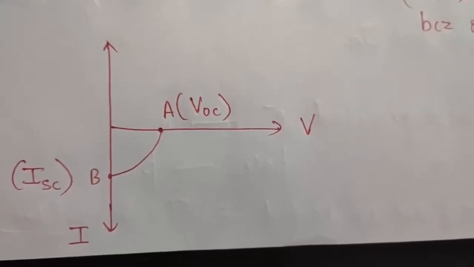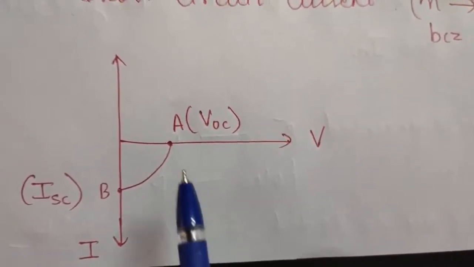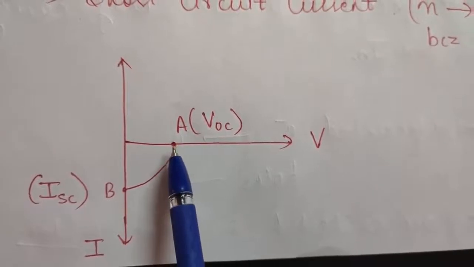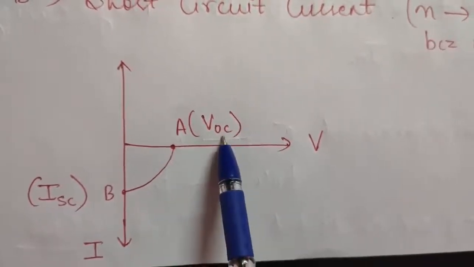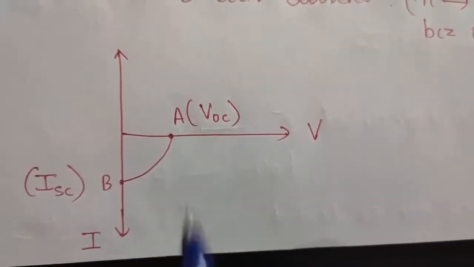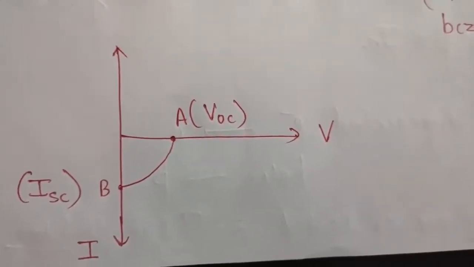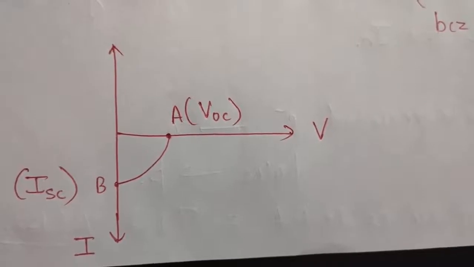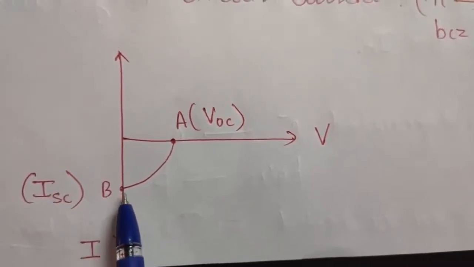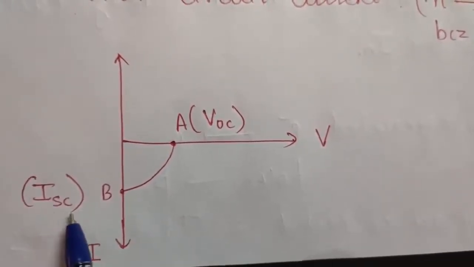Obviously in open circuit no current can flow. So when current is 0, this is your voltage, so this becomes the open circuit voltage. And there will be a maximum value of current which flows in short circuit, and that value of current is this, which is the short circuit current.